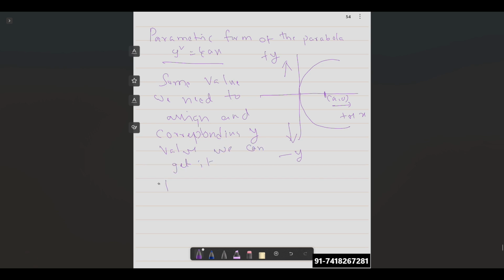So the objective is we need to introduce a common variable in both x and y.